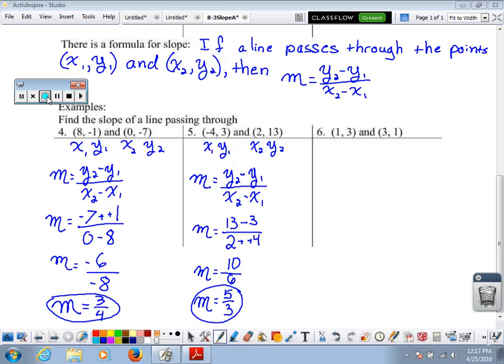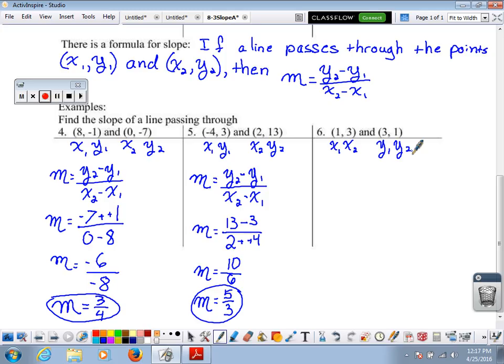Every time we work with slope, for some reason that I cannot figure out, students want to say x1, x2, y1, y2. And I can't figure out why we want to keep doing that. Because ever since we started with coordinates, every ordered pair has an x and has a y.